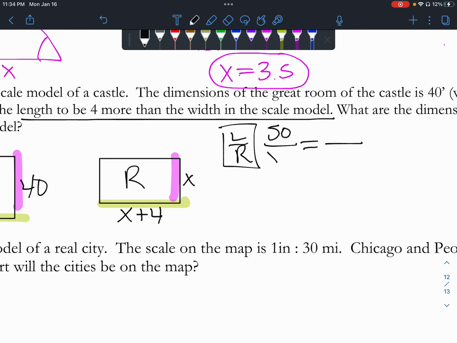Right side, I've got one that is x plus 4. Left side, I've got a 40, and right side is just an x. Cross multiply: 50 x's, and again, I write this one out every single time. Distribute that.